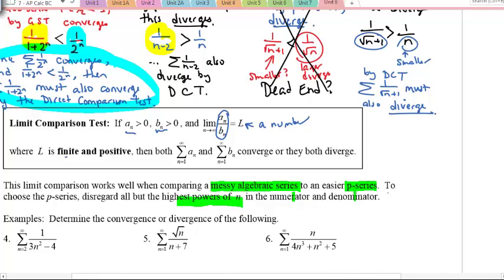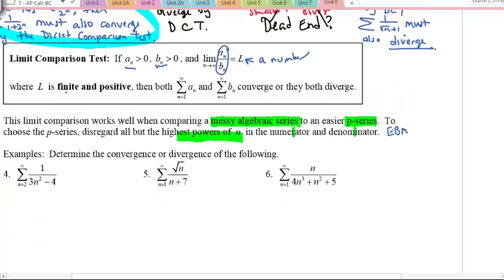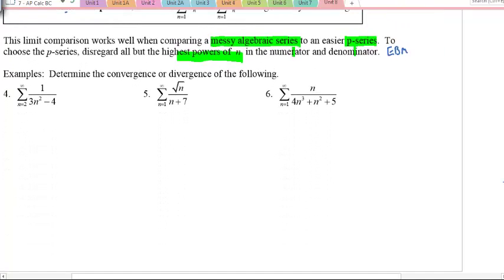It's like doing the n behavior model when I take the limit. Okay? So let's take a look at 3 examples here to solidify your concept of the limit comparison test. And once I've done these 3, you're ready to try some assignment questions of your own.